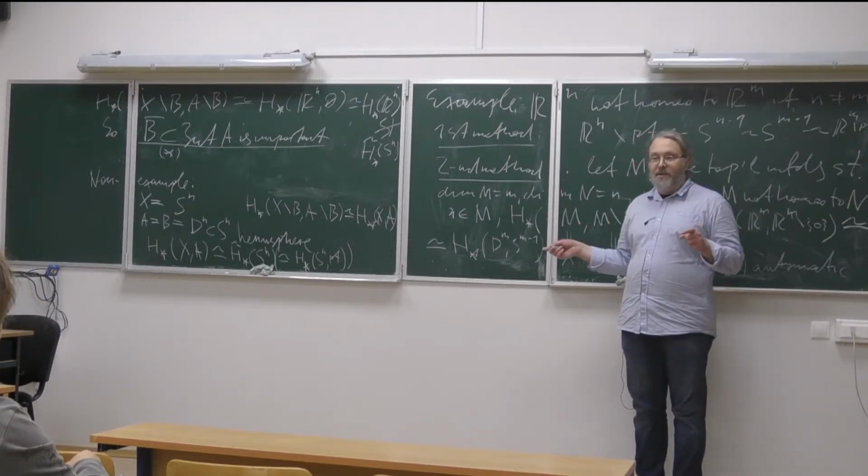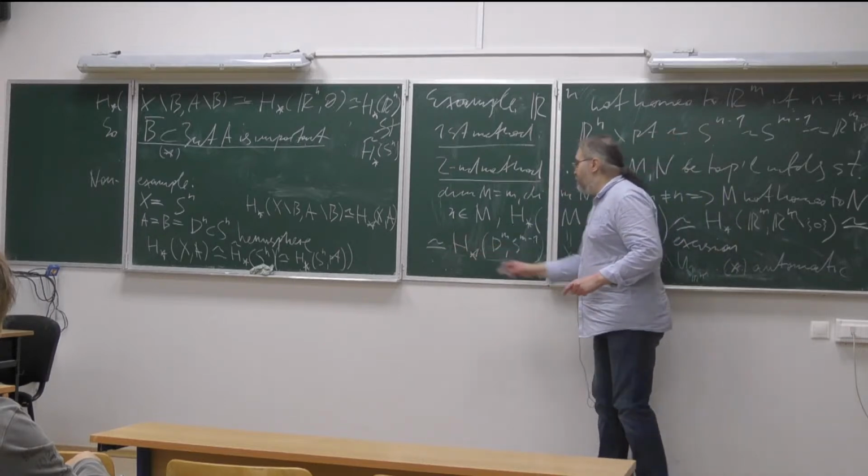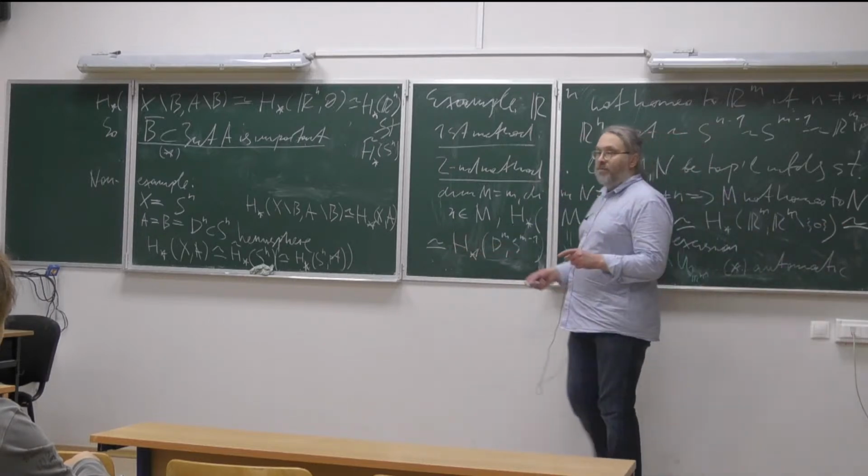Does everyone understand how to deduce this isomorphism from the five lemma?